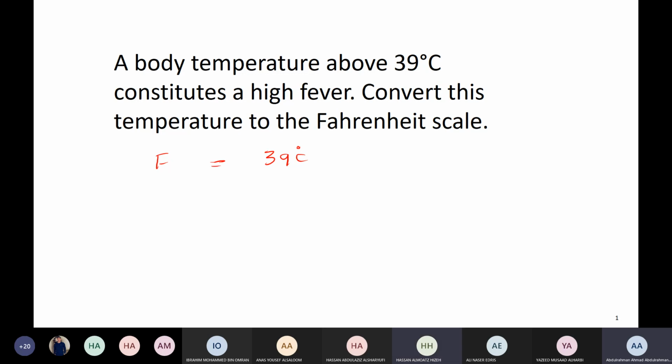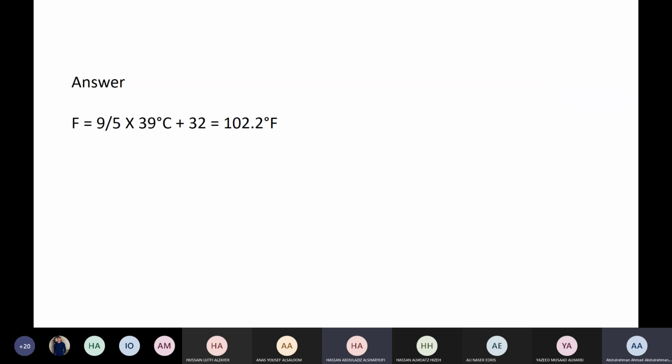What should you do? Multiply by 9/5, plus 32. Give me the answer quickly. 102.2. Exactly. Good.